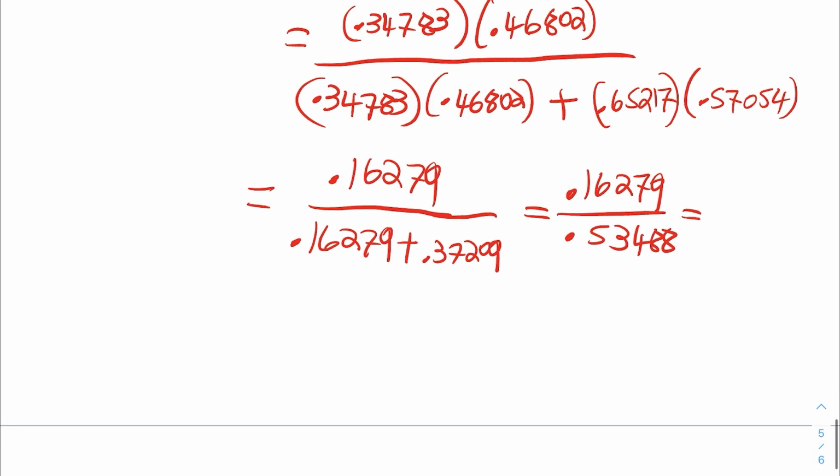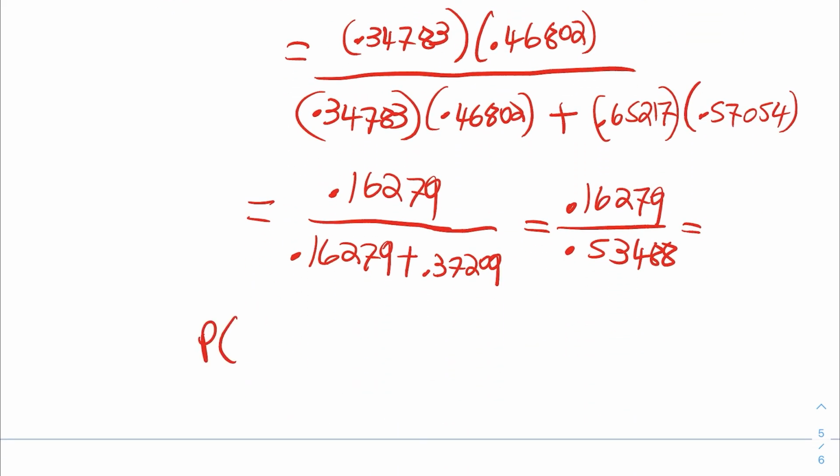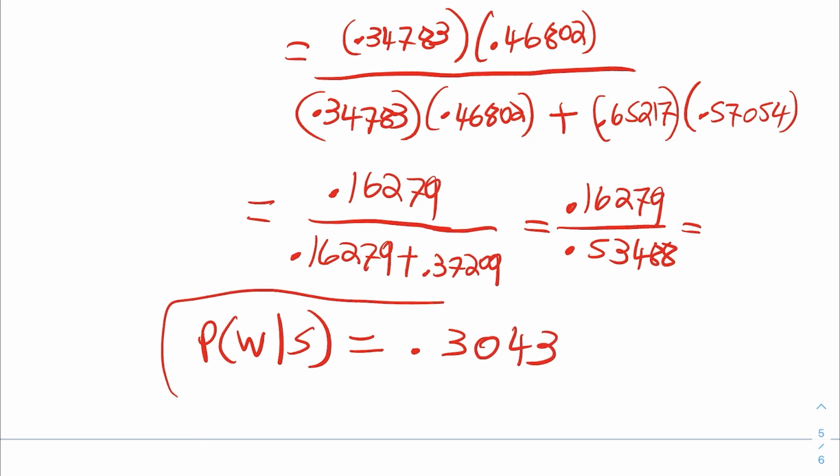And that quotient will give me the probability I'm looking for, the probability of W given S. So the probability of being a gummy worm packet, given that it's a sour packet, is equal to 0.3043. And that's how we use the formula on one of these Bayes' theorem problems when the proportions are given and not the percentages or the decimals.